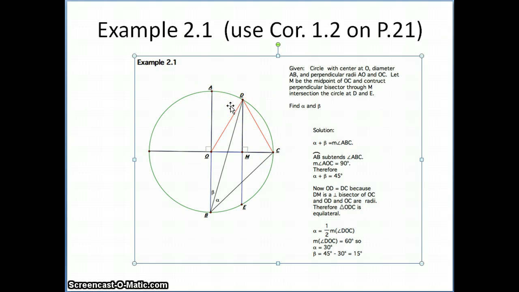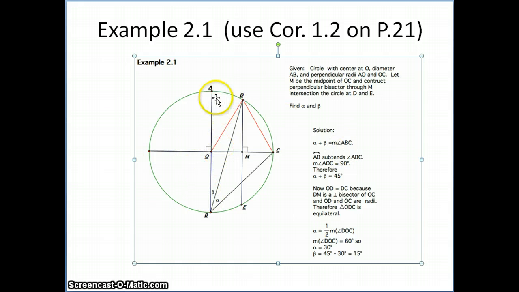Remember the definition of the measure of an arc: it is defined as the measure of the central angle. The central angle has to pass through the center, so AOC is the central angle. That is 90 degrees because we know they are perpendicular to each other.